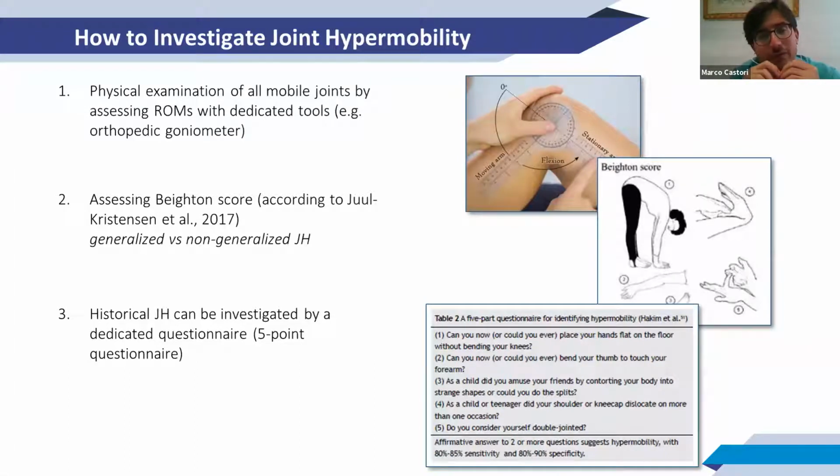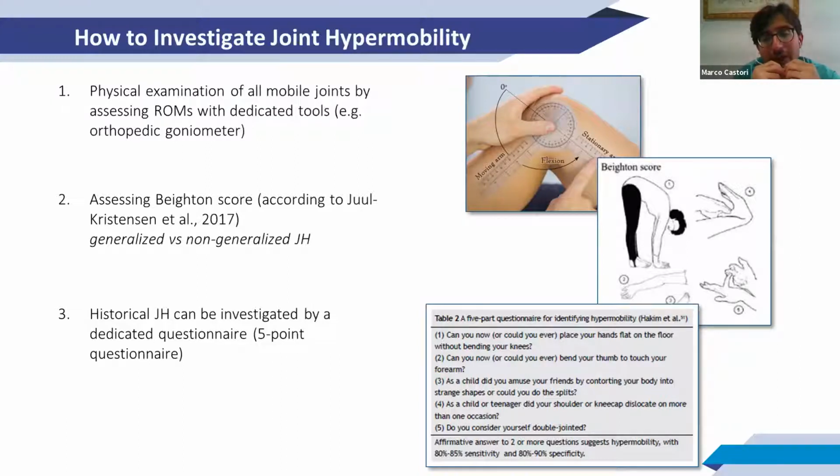At the beginning of the last decades, Hakim and Professor Grahame published the 5-point questionnaire, which is a rapid screening for assessing the possible presence of a history of double-jointedness in any given patient.